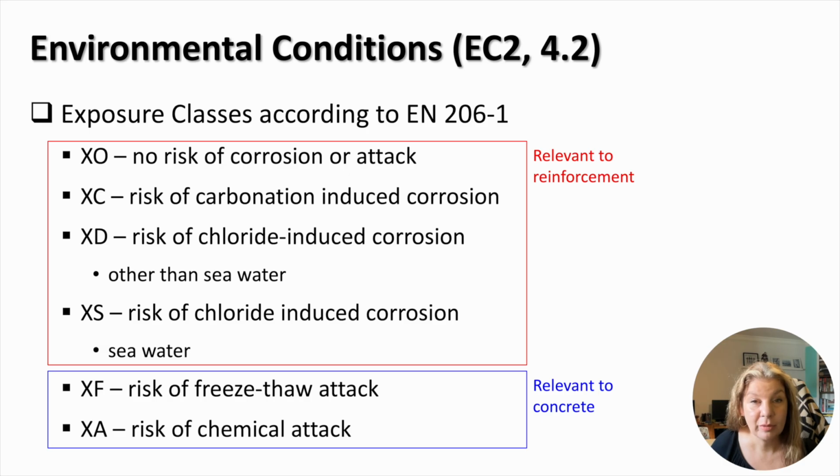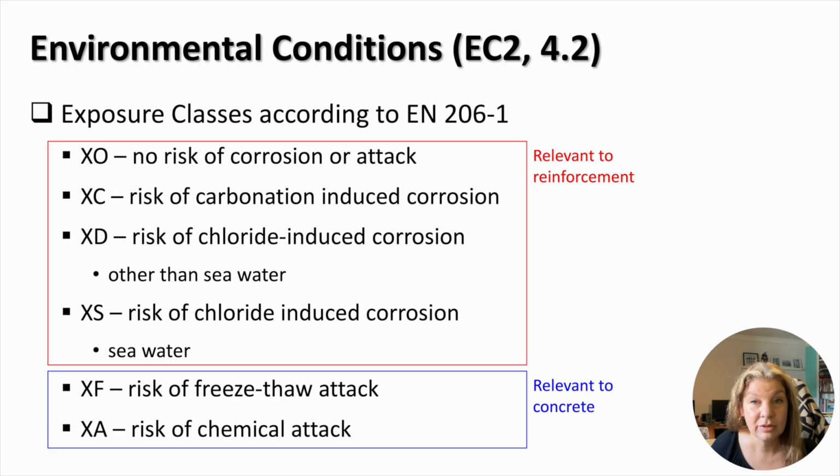X0 is the most favourable exposure class, and it represents a situation where there's no risk of corrosion or attack. XC is the exposure class with a risk of carbonation-induced corrosion, and the other two exposure classes are related to the risk of chloride-induced corrosion and depend on the source of the chlorides.